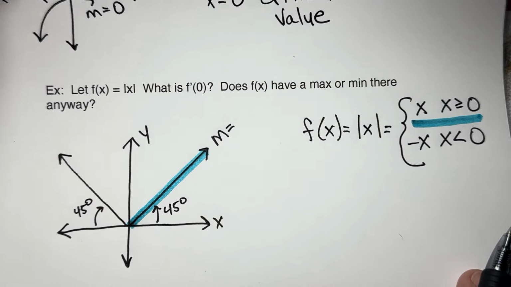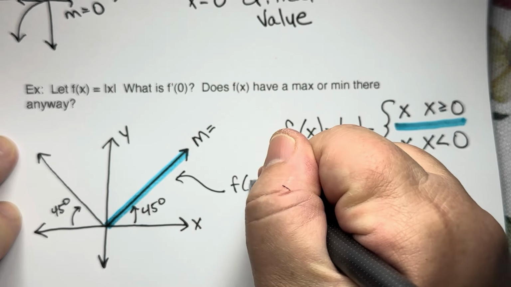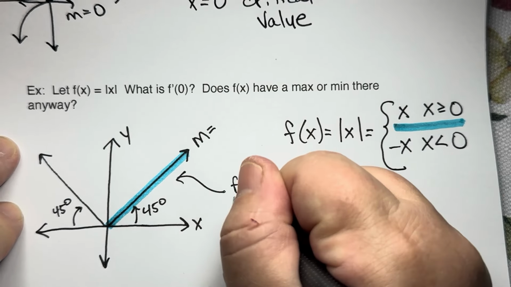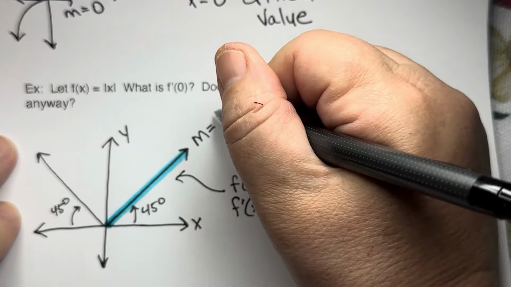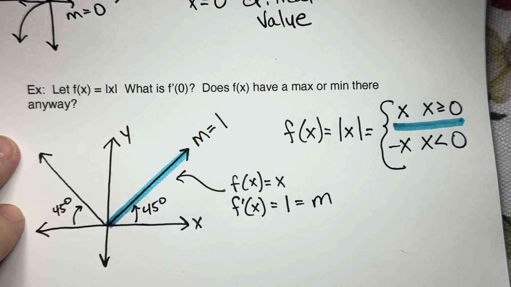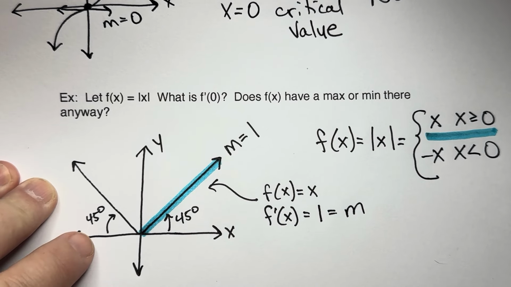So in this portion, f of x equals x, so f prime of x is 1. So that's the slope. The slope is 1. Does that make sense? Okay. Now let's come over here to the other side.